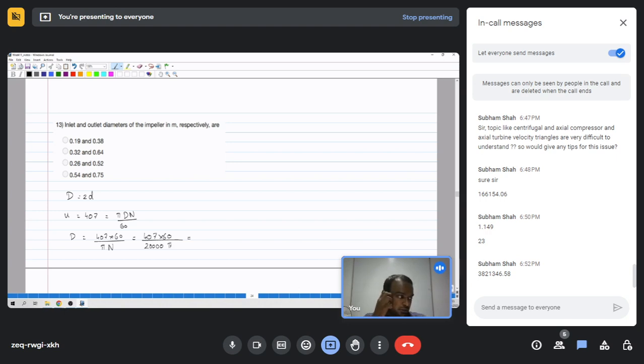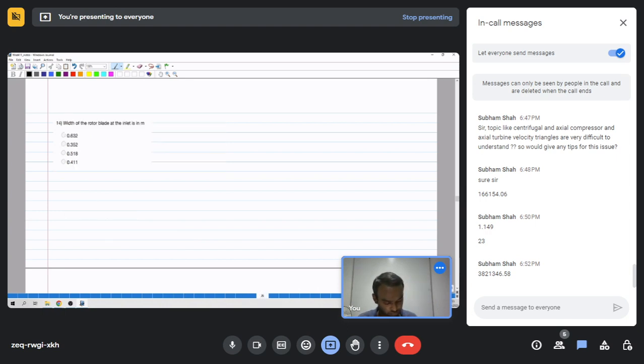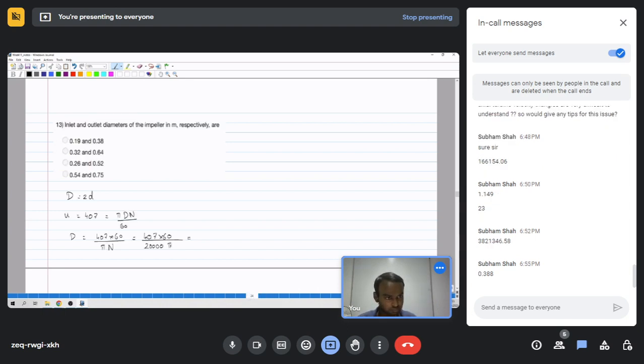What do we get for the value of D? Yeah, 0.38 meters, and small d is capital D by 2, that is 0.38 by 2, we get 0.19 meters. So the inlet diameter is 0.19, outlet diameter is 0.38.